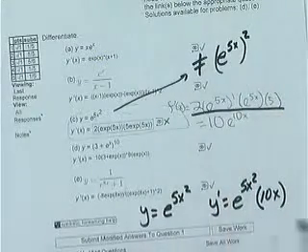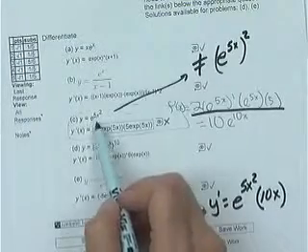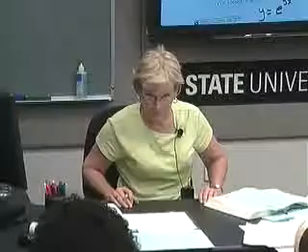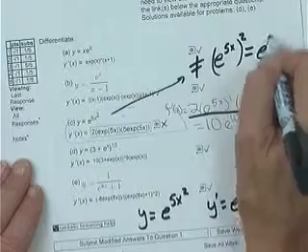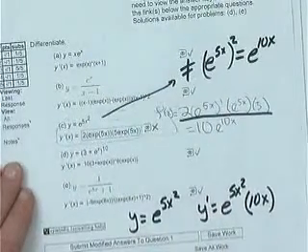I finally figured out where your thoughts were going wrong. The whole function is 5x squared. It's not the whole thing squared. Everybody see that? Because this is actually equal to e to the 10x, which is not the same thing as this.